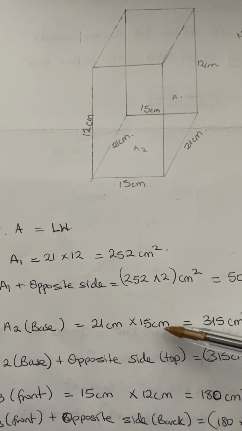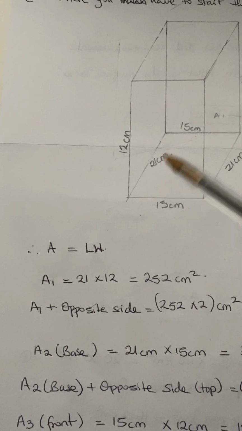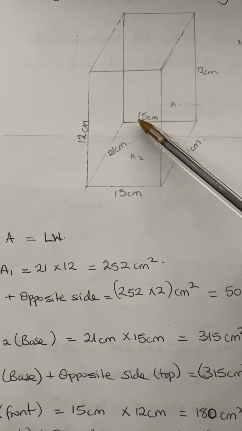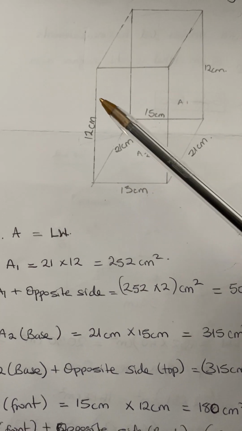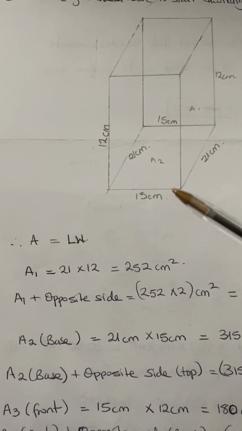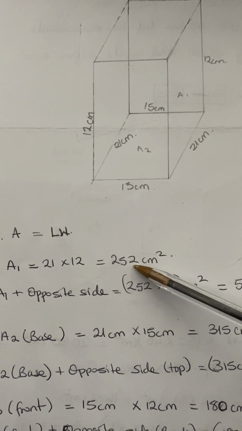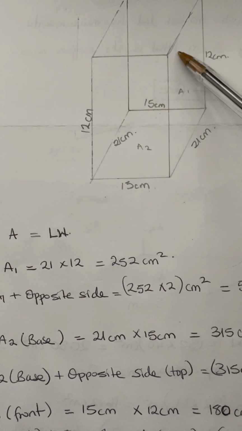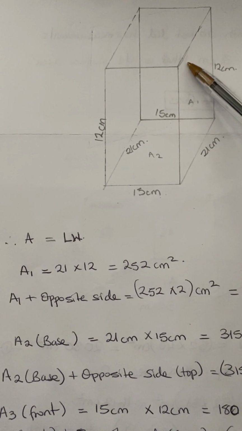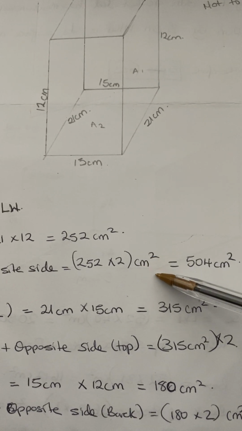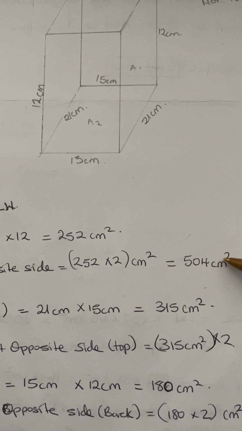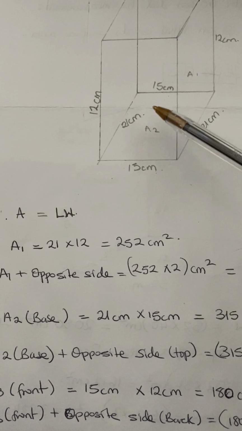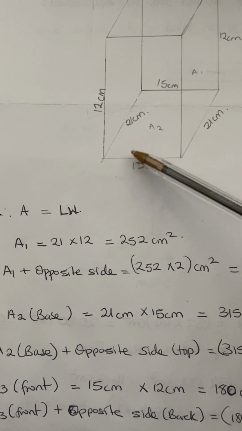That will be the addition. So the first side, A1 here, is 12 by 15. If I have 252 centimeters squared, that will be the front and the back here. If I multiply by 2, I have 504 centimeters squared. Now the second part here is 21 by 15.